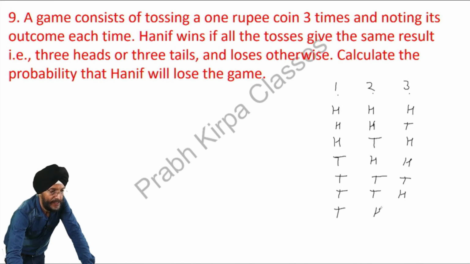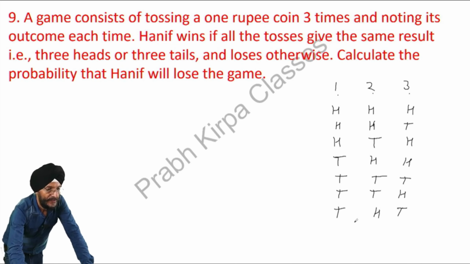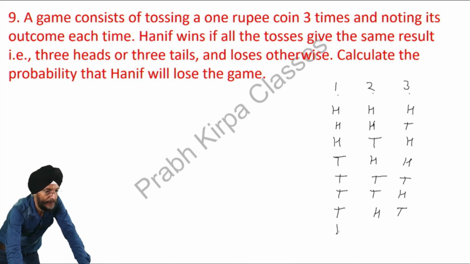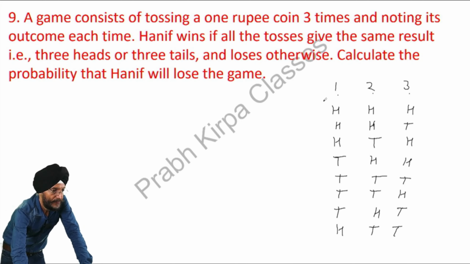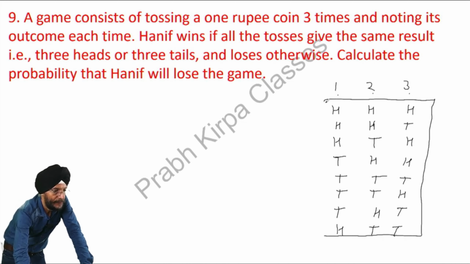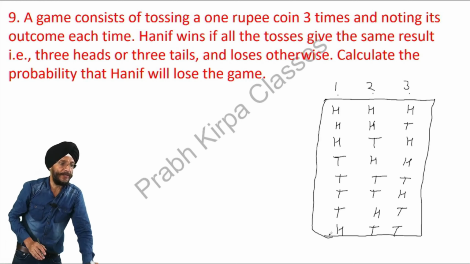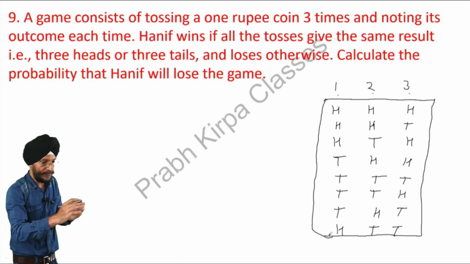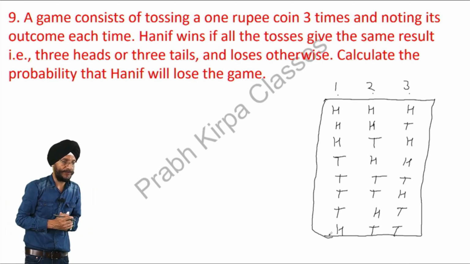Then tail, head, tail. And then there may be head, tail, and tail. So these are the possible outcomes when a 1 rupee coin is tossed 3 times.